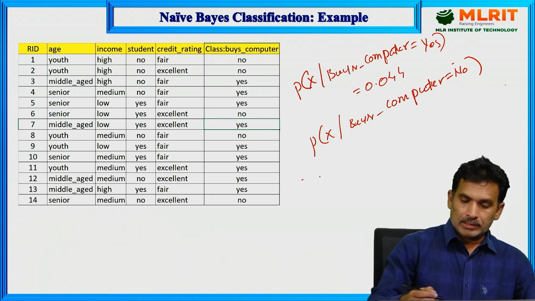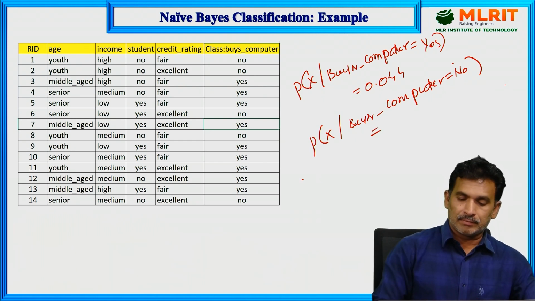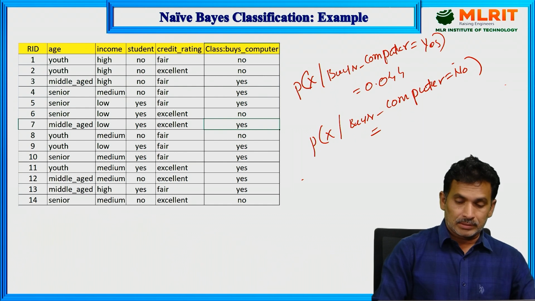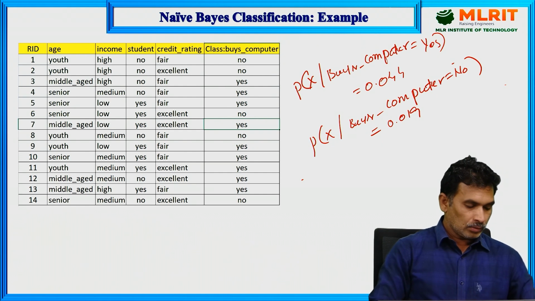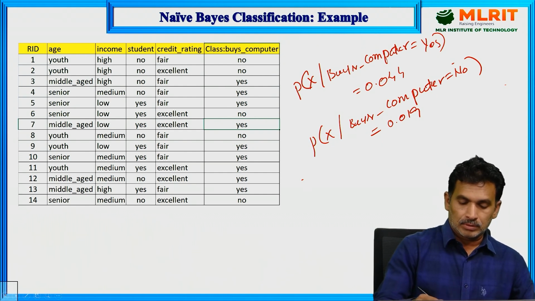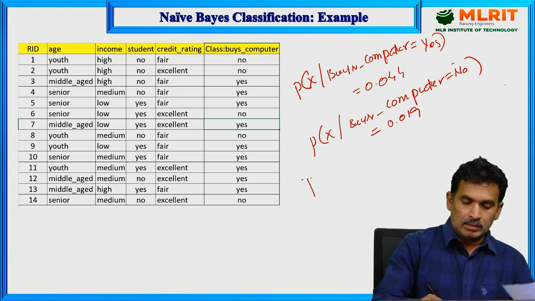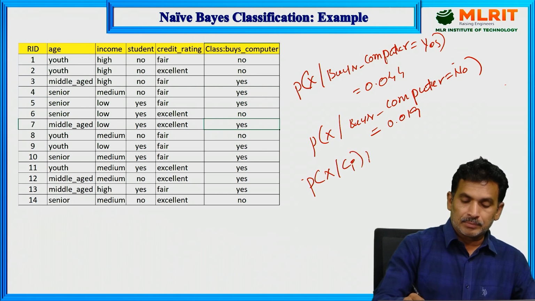So we know the class probability. So then let me write this value, probability of X given the Bayes computer that is no, equal to 0.019. So to find the class Ci that maximizes this, if you go back to the equation, that is probability of X given Ci times probability of Ci.